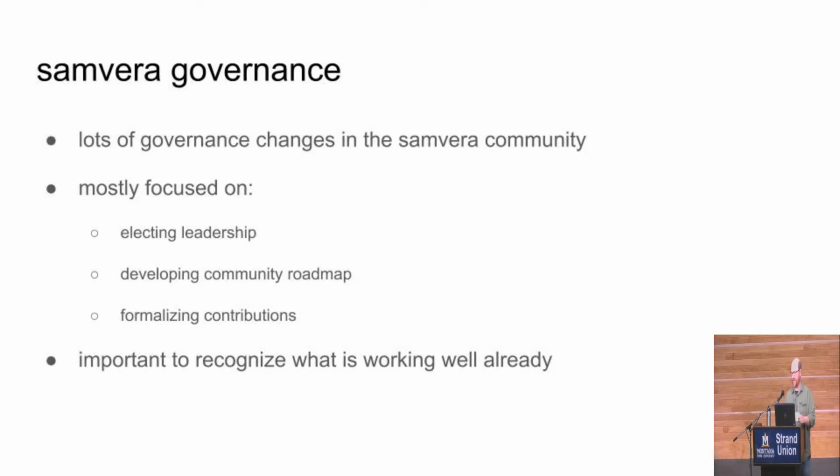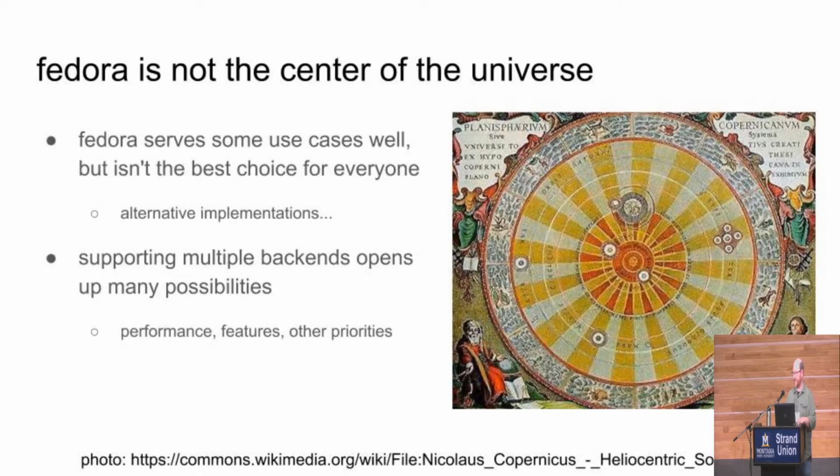The other thing I think that is really different is that Fedora is no longer the center of the universe. Fedora serves a lot of use cases well. I'm a Fedora committer and a Fedora API specification editor, and I think that Fedora has a really good place for a lot of things, but it doesn't work for everything.